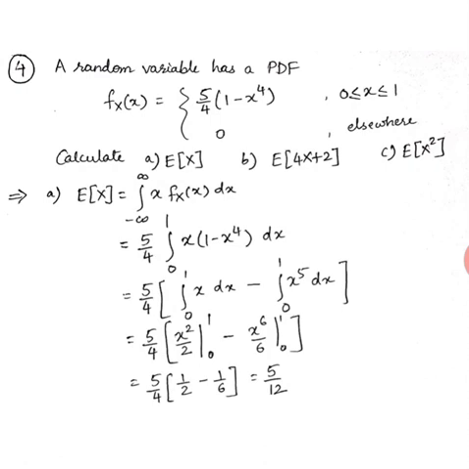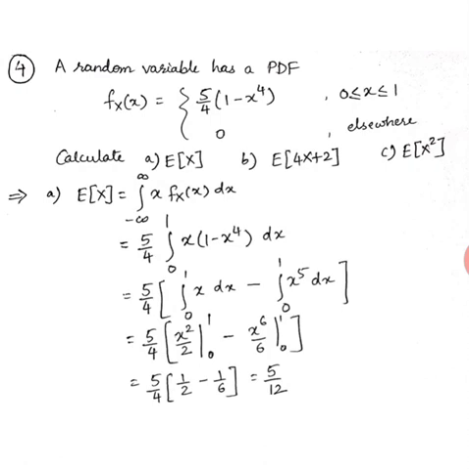So 5 by 4 is a constant, we take it out. In the integral remains only x into 1 minus x raised to 4 dx. So we split the integral: integral 0 to 1 x dx, and x multiplied by x raised to 4 becomes x raised to 5, so minus integral 0 to 1 x raised to 5 dx.